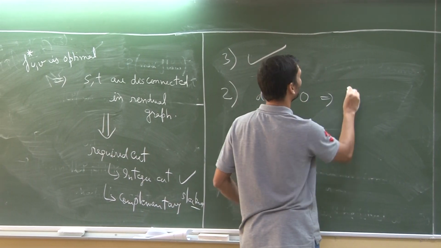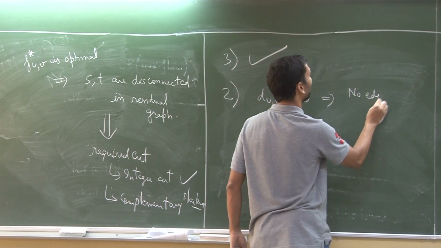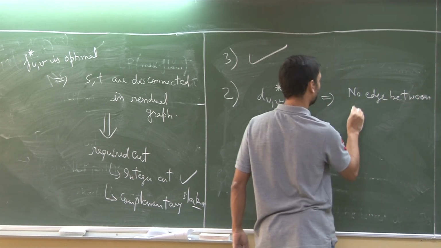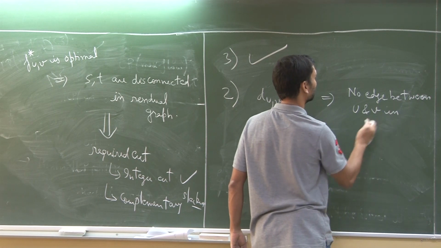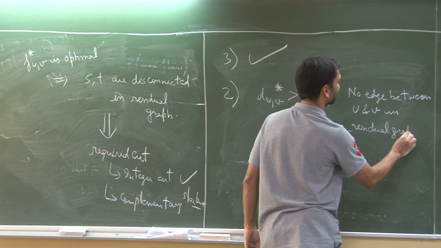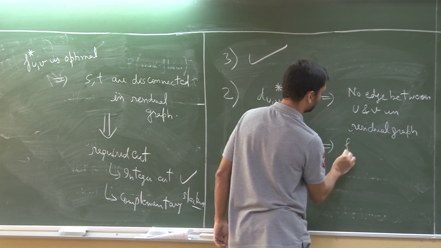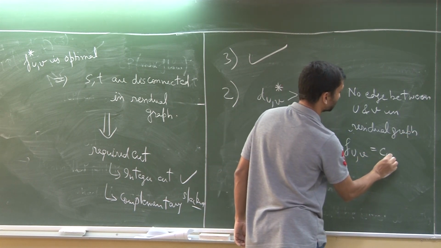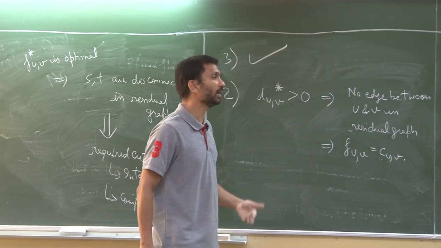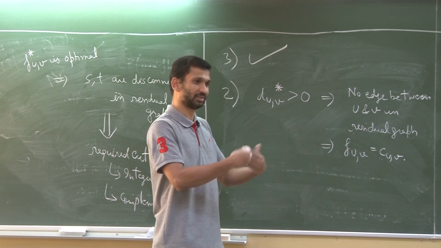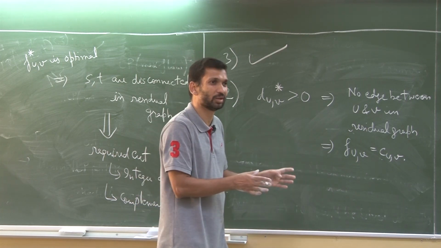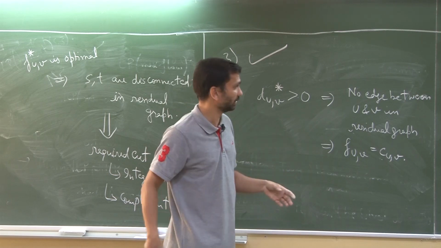So this implies, okay, it also implies F UV is equal to 0, but we don't care about it, right?